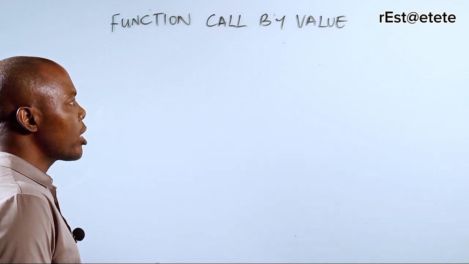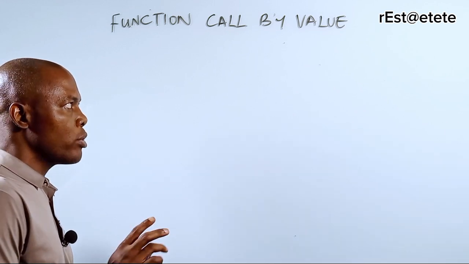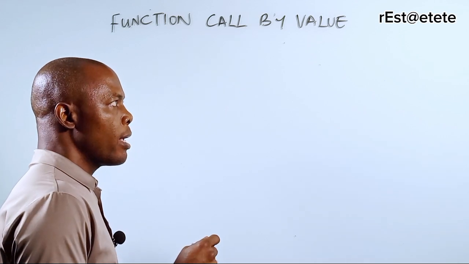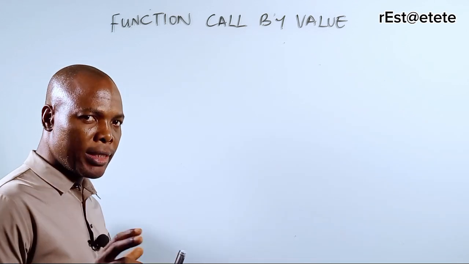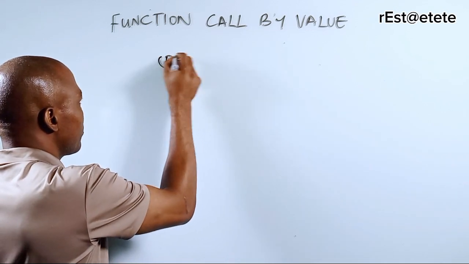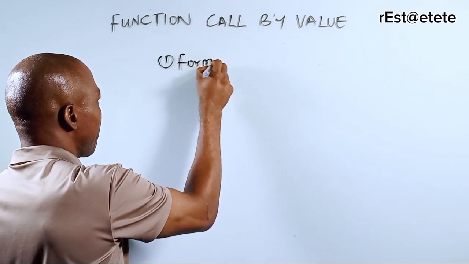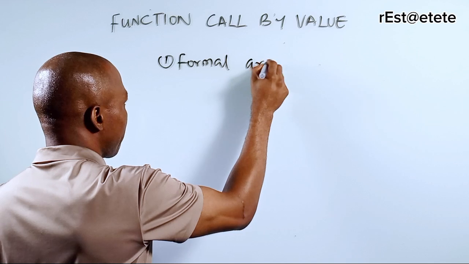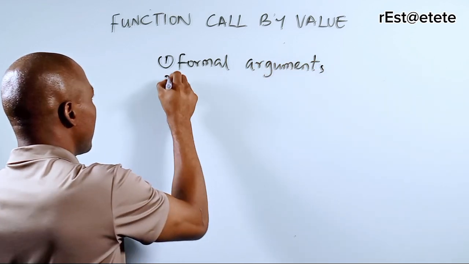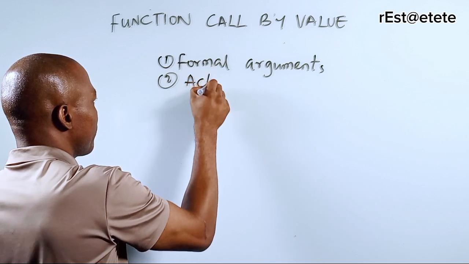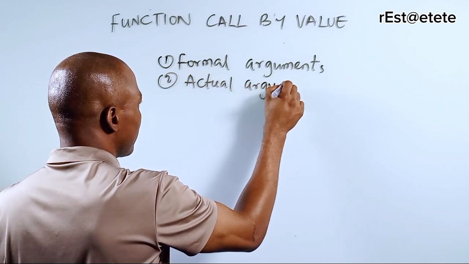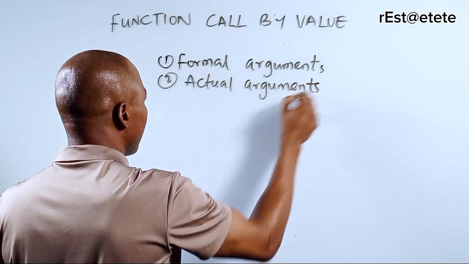Now, in calling a function, I am going to explain two concepts, which are formal argument and actual argument. So we have one, formal argument, and two, actual argument, right?